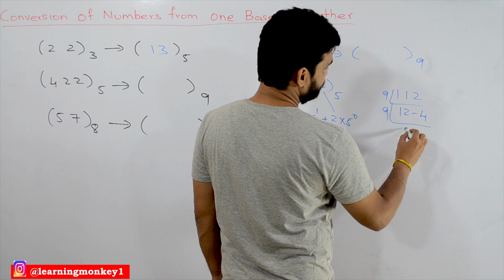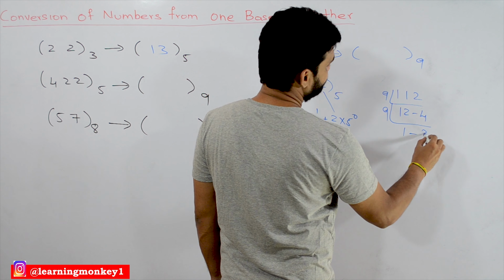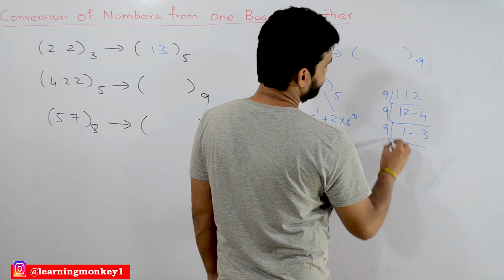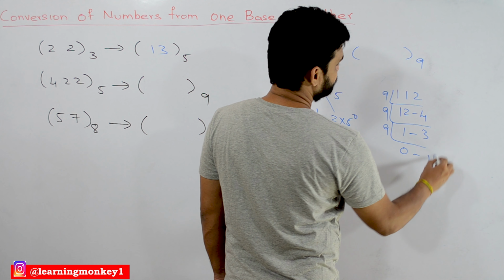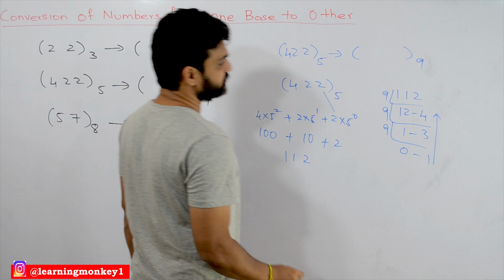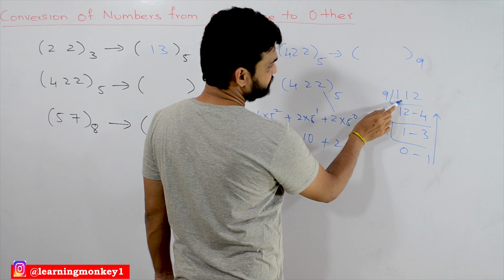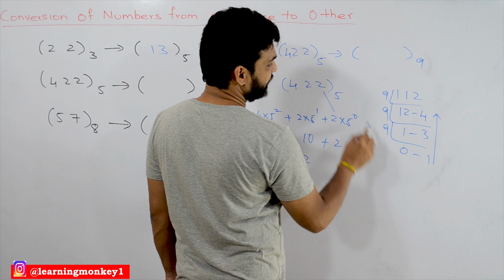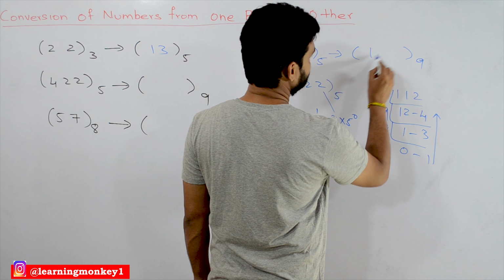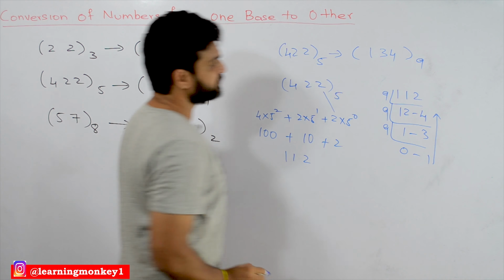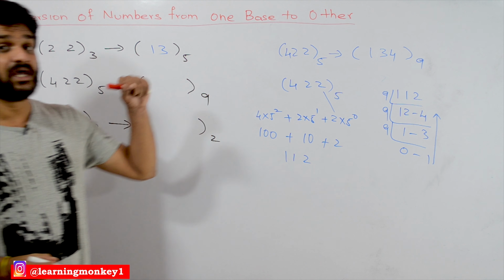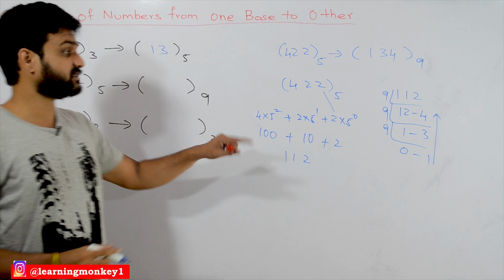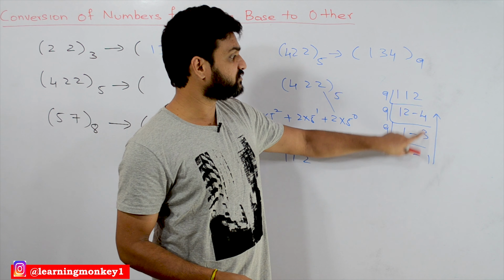Next 9 into 12 is 1 time, remainder is 3, and again 9 into 1 is 0 with remainder 1. So the decimal number 112 when converted into base 9 is 134. Don't call it 134 in base 10; it is 134 in base 9, and that is why we call it 134.